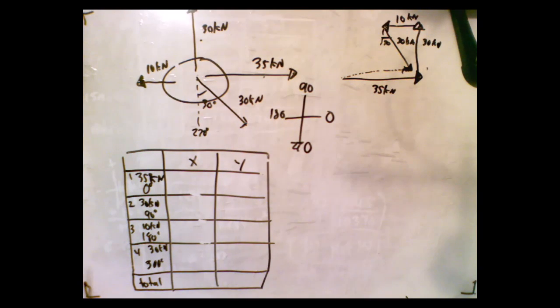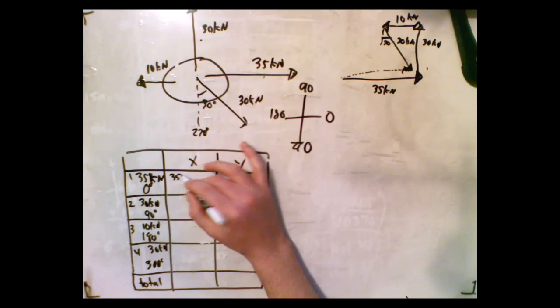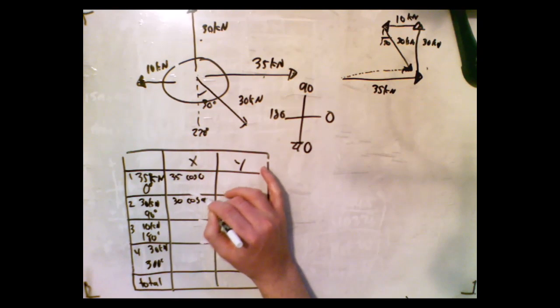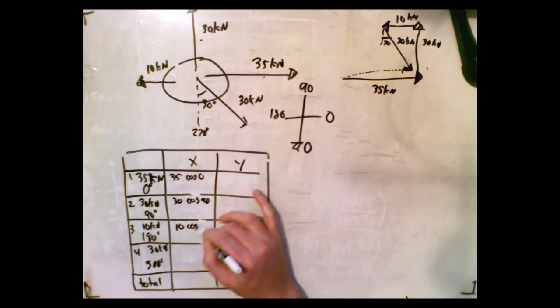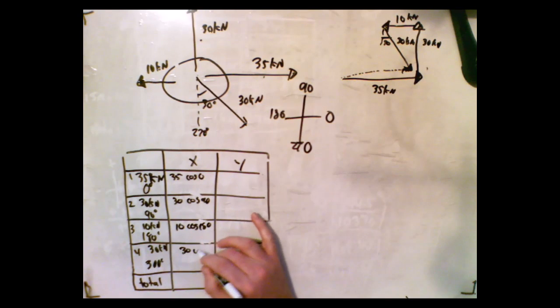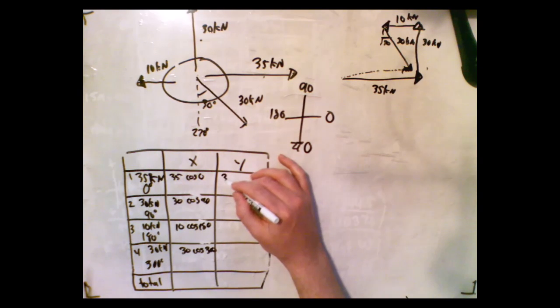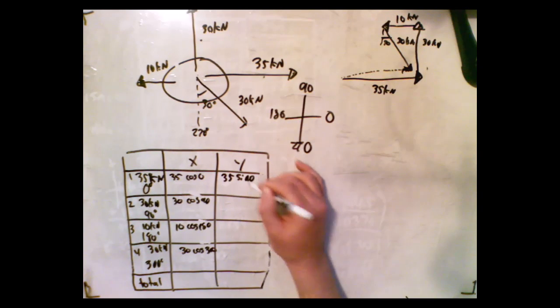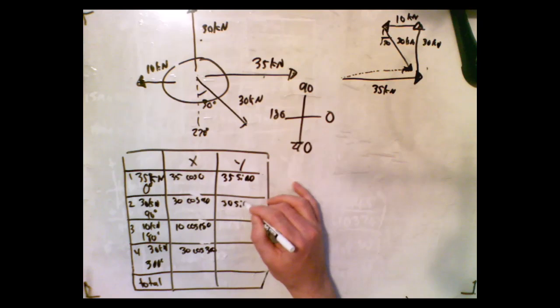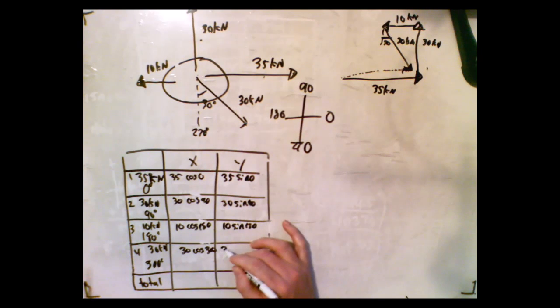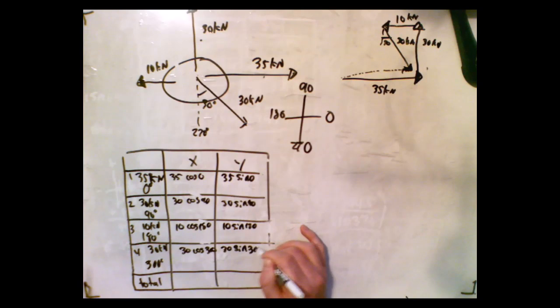So we can fill out our RCS chart. 35 cos 0, 30 cos 90, 10 cos 180, and 30 cos 300. And same thing for the y, 35 sine of 0, 30 sine of 90, 10 sine of 180, and 30 sine 300.